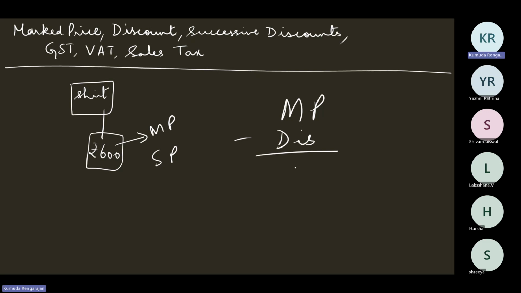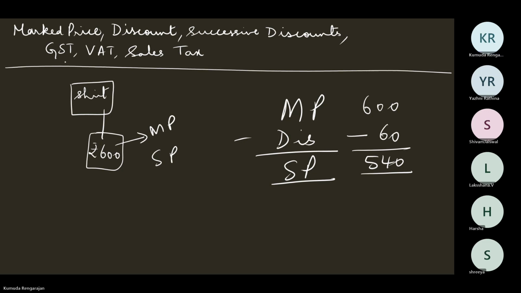This reduced value is called the selling price of the shirt. So marked price 600, and supposing the discount is 60 rupees, 540 rupees is the selling price.